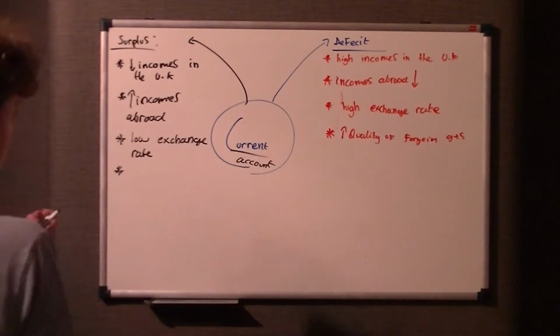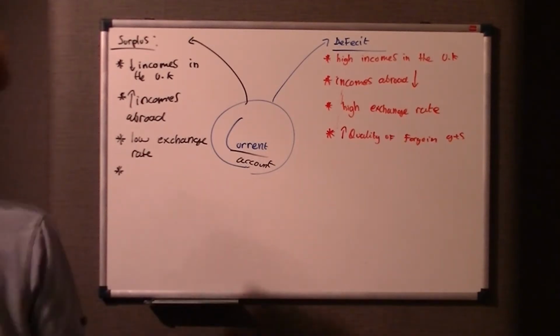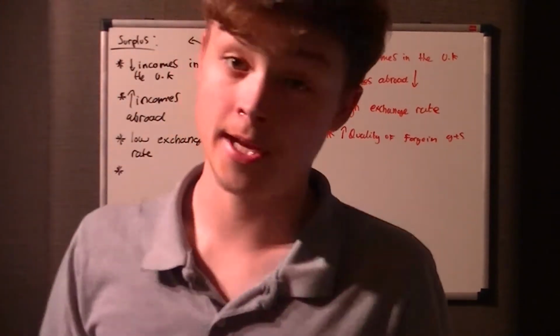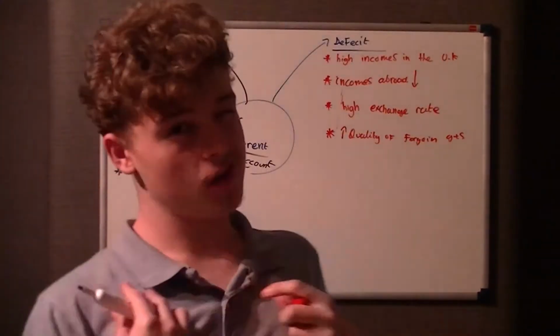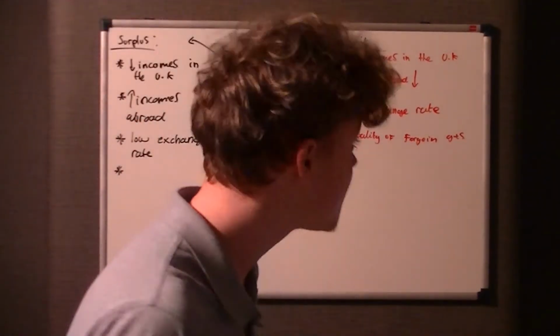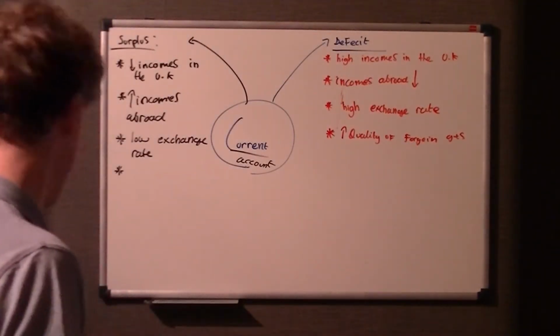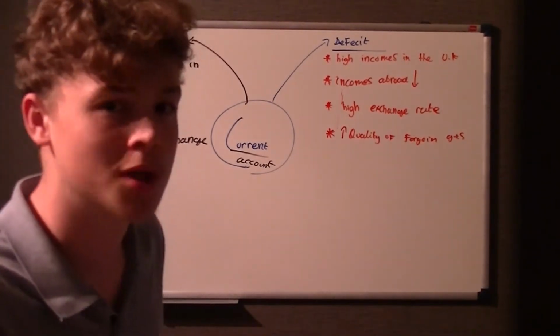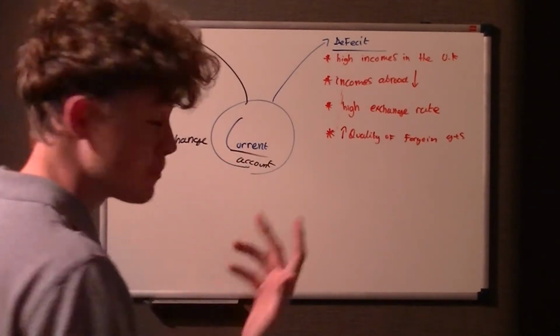But if our quality is better, they're going to want to buy more of our goods, and simultaneously, as their goods aren't quite as good as ours, what's the point in importing it? It's probably going to be more expensive. So what we do is we buy our domestically produced goods. So we're not exporting any less. In fact, we're exporting more.